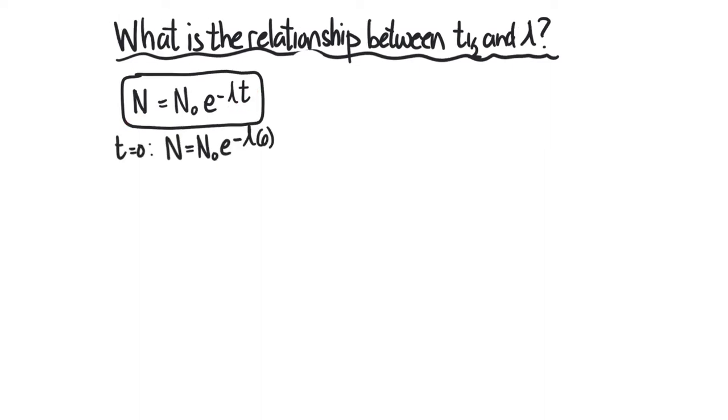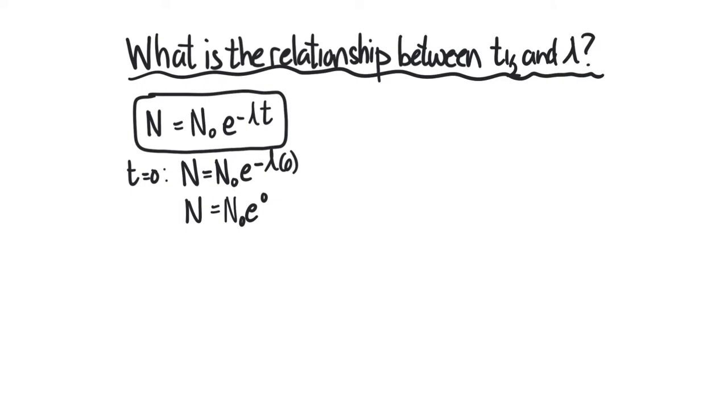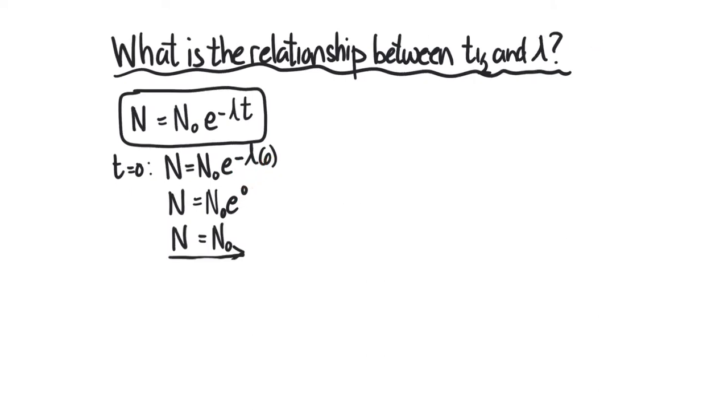If we substitute t equals 0 into this, then lambda times 0 is going to give 0, and any base to the power 0 is going to give us 1. So e to the 0 will be 1, and 1 times N0 is N0. So at t equals 0, that's the boundary where the system starts, we get that N is going to equal N0, which we knew.